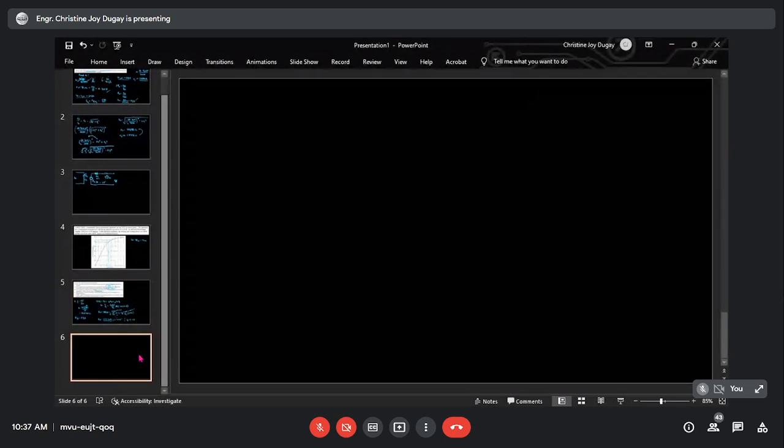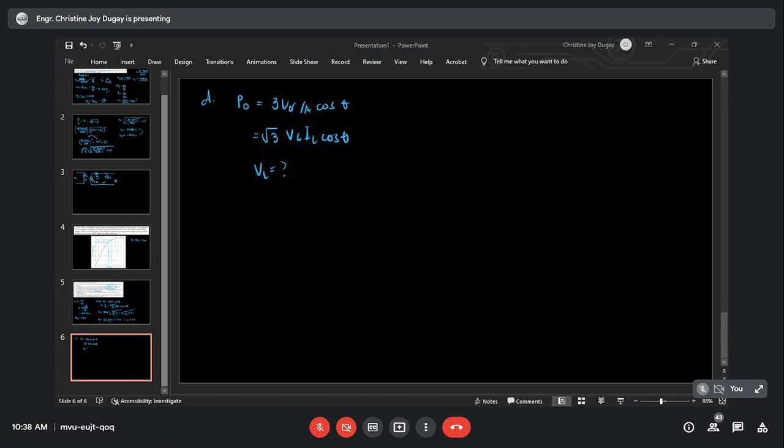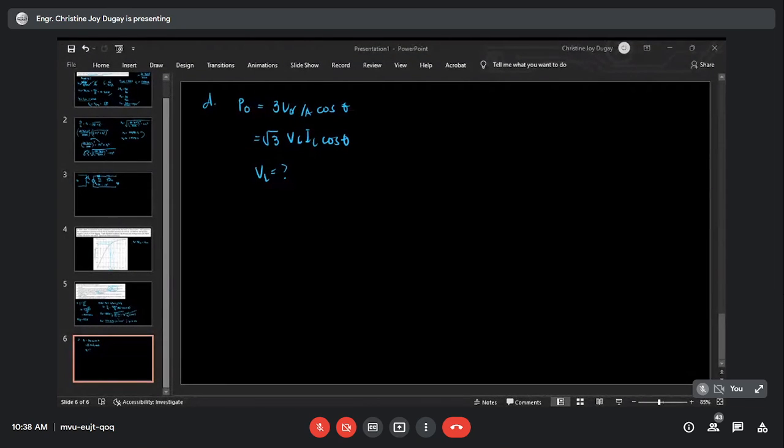So sa letter D, ano ang equation natin for P output? That is equal to 3 P phase IA cosine of theta, or it could be square root of 3 V line I line cosine of theta. Ano ang value ng V line natin?